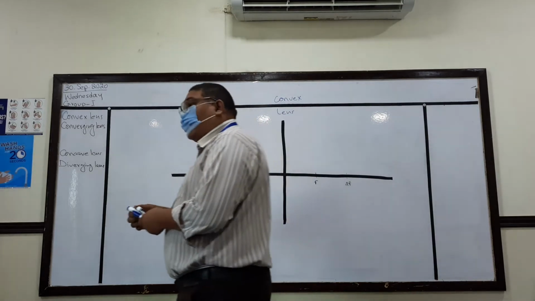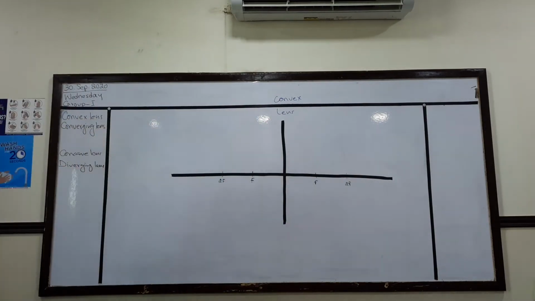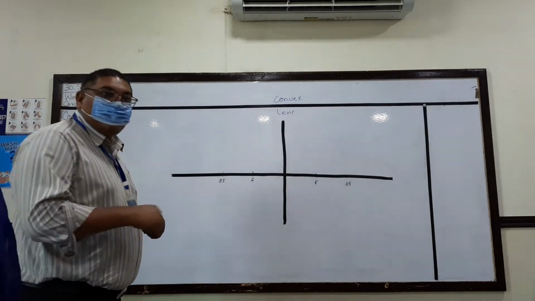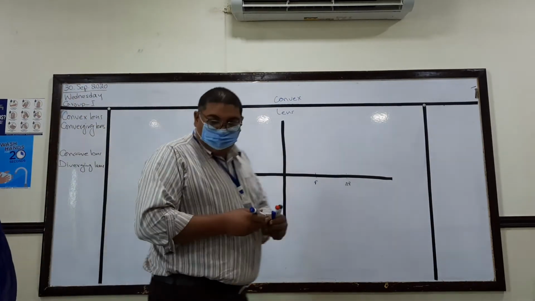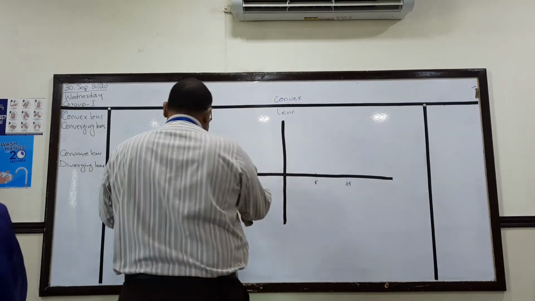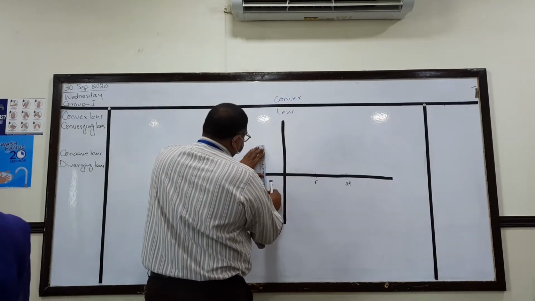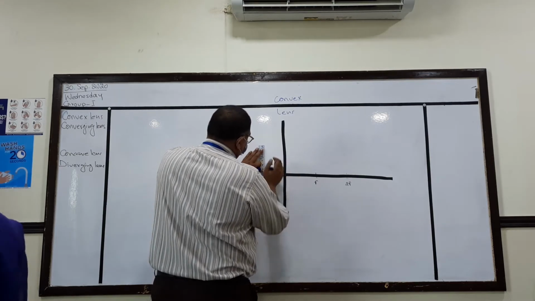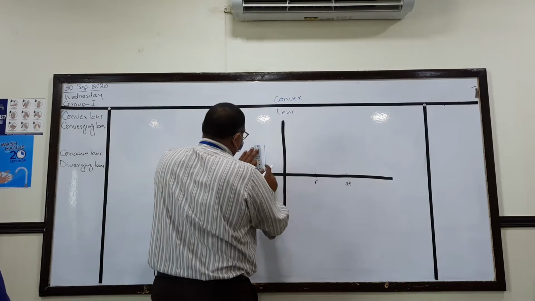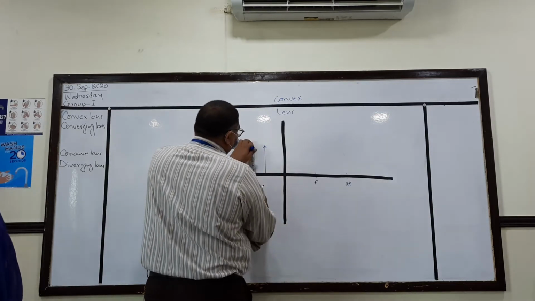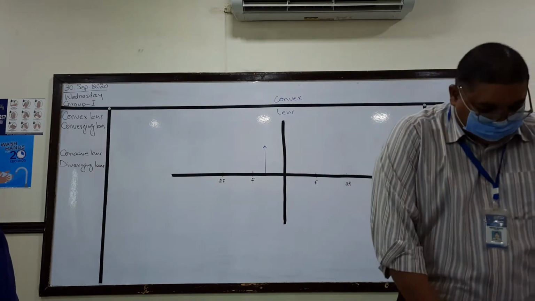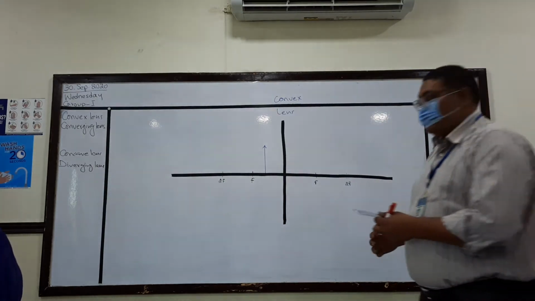Okay. Now suppose let's move this thing further. Let's move the object, let's place the object between the optical center and the focal point. Okay, if I place the object between the F and the optical center, let's see what happens, where the image will be formed.